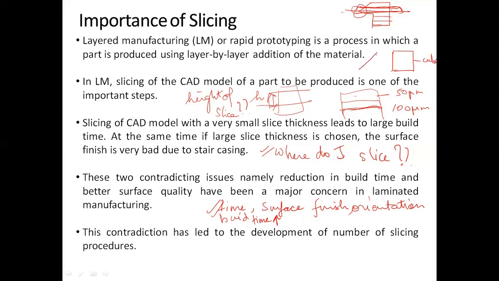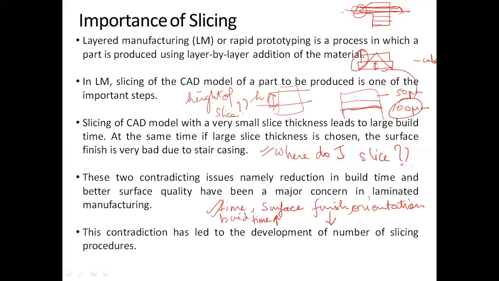But if I have a part like this, and I make it with that layer height, the part is going to be fabricated something like this. So now when the layer height increases, the surface finish deteriorates. The surface finish deteriorates because what you start to observe is what we technically call staircasing.